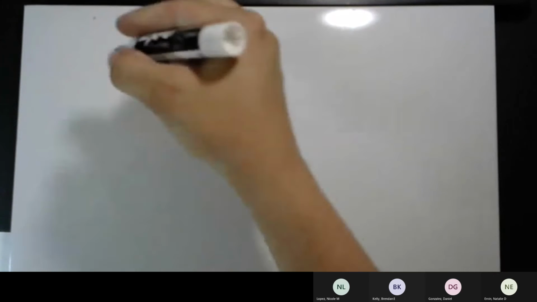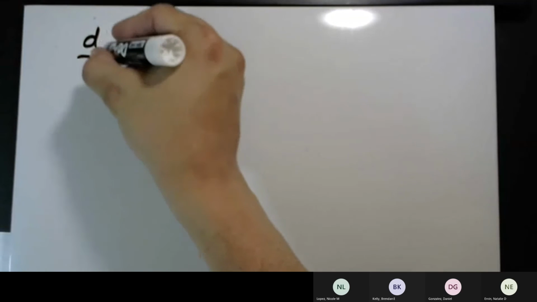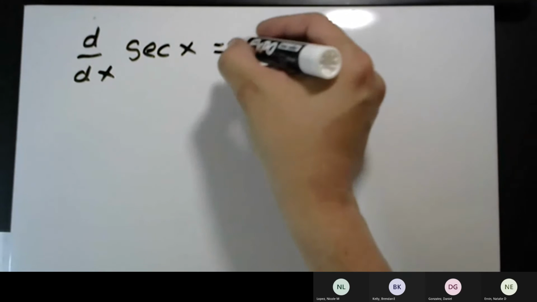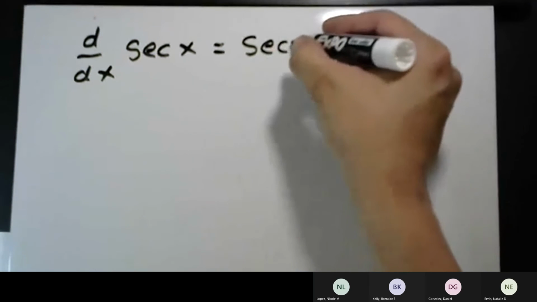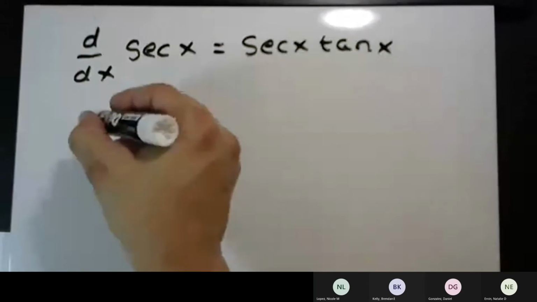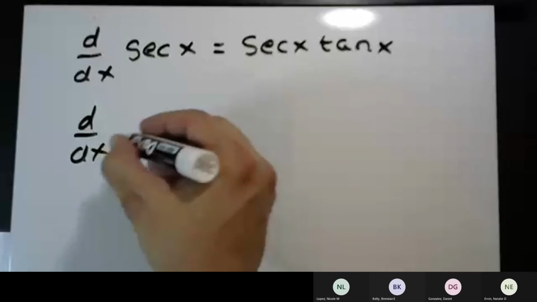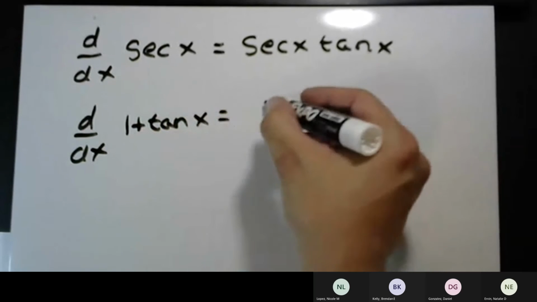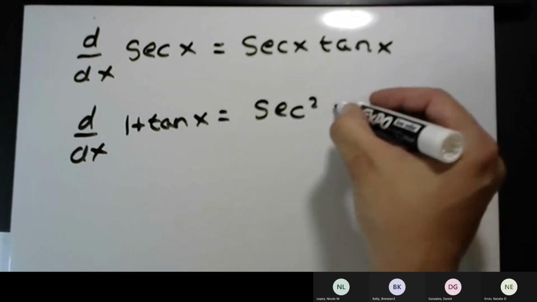So we're going to do the same thing. Now we know the derivative of secant x was secant tangent. That was our numerator, our denominator is going to be this.